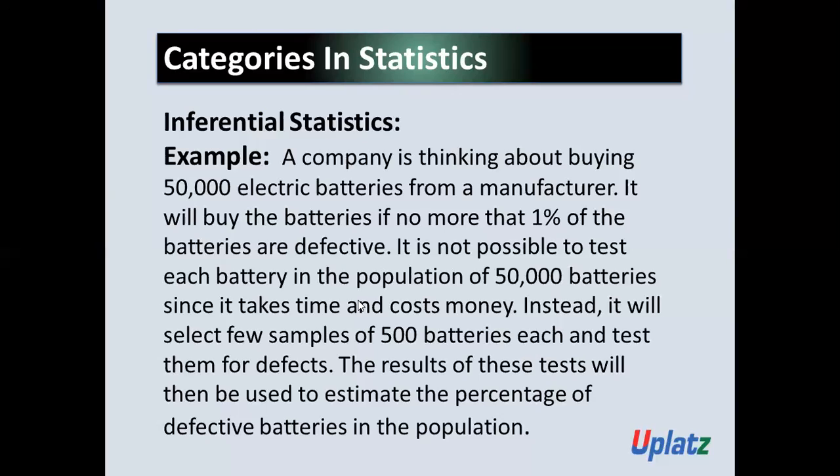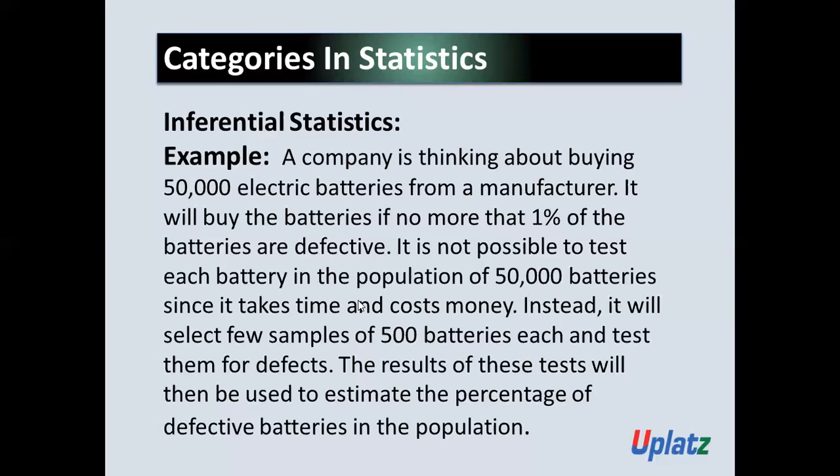But if the company finds out of 500 batteries, there are 5 or more than 5 batteries defective, then the company will apply the result to the population data, the 50,000 electric batteries, and they will not buy any batteries, because the company has put the condition that it will buy the batteries if no more than 1% of the batteries are defective.